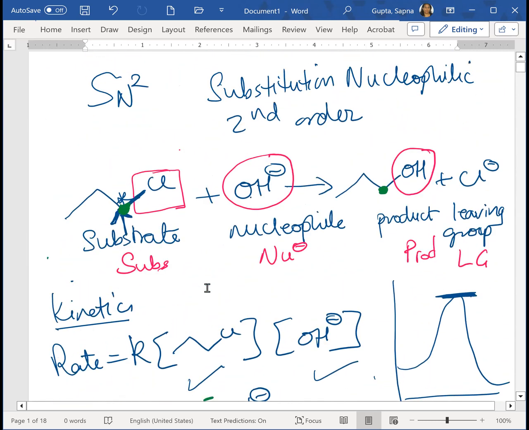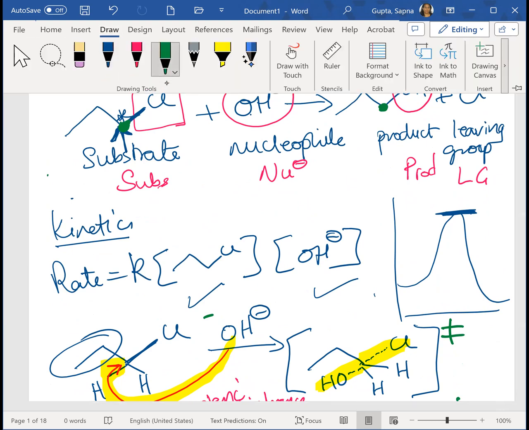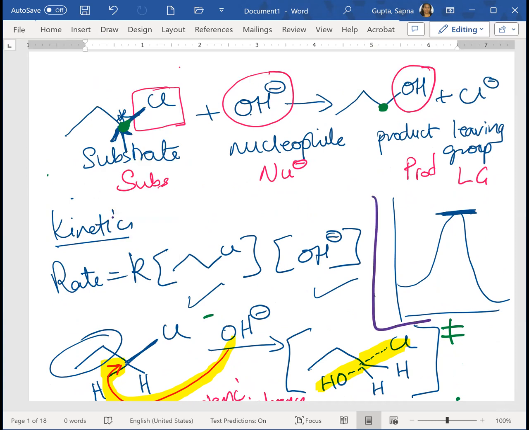So right up here, and if you drew this out, come back to it. I want you to look at this graph, because this is the graph for the Sn2 mechanism.